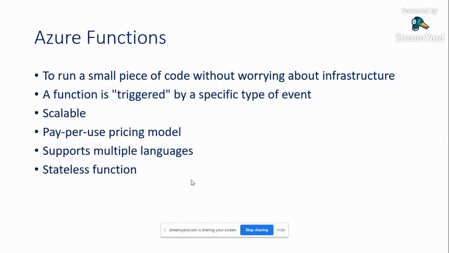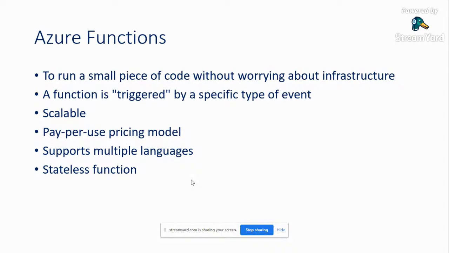For example, you have a retail application, you are selling some kind of clothes in your application. During the festive season there will be so many demands to your application. At that time, if you wanted the application to scale up, this Azure function itself will take care of the scaling up process.